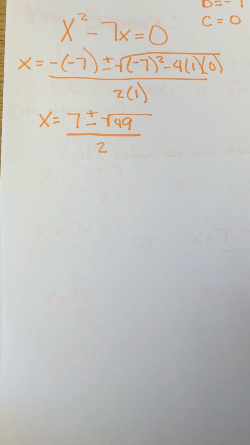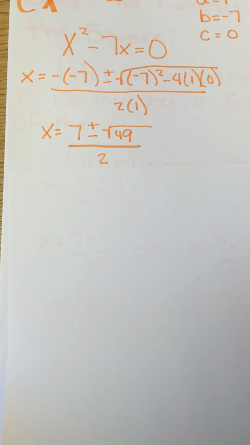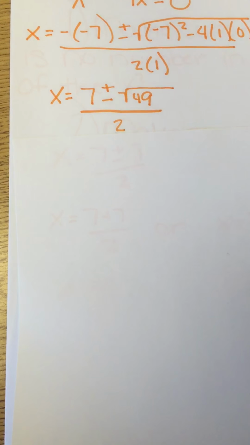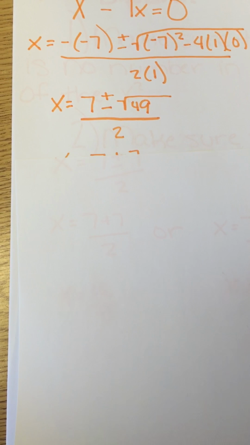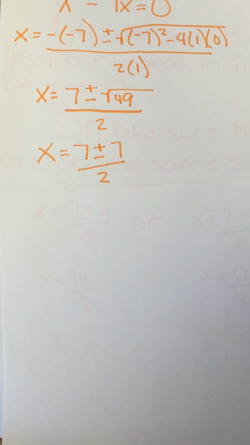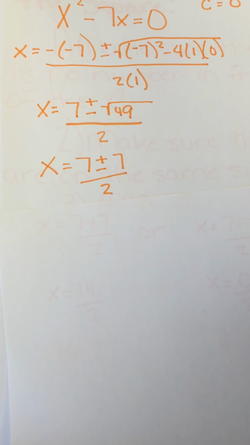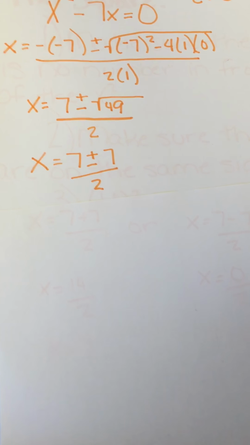When you reduce that, you get x equals 7 plus or minus the radical of 49 all over 2. You keep reducing and you get x equals 7 plus or minus 7 all over 2.